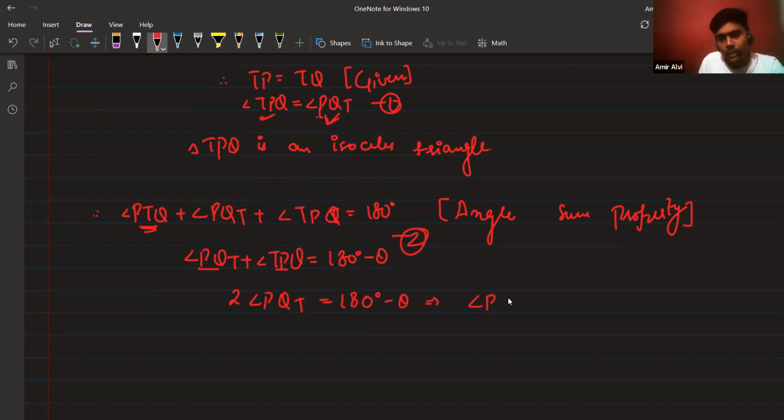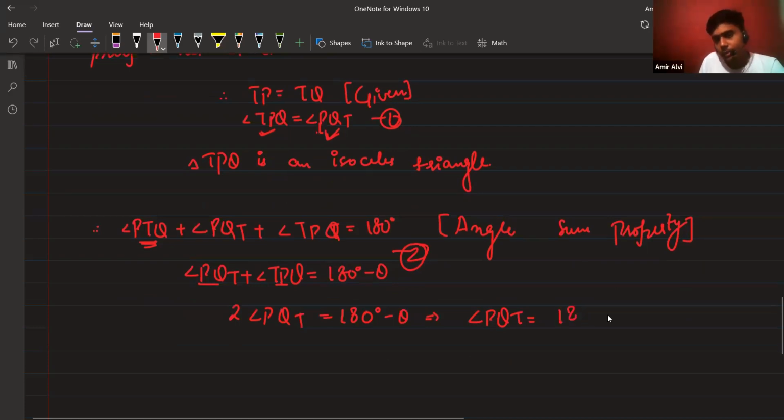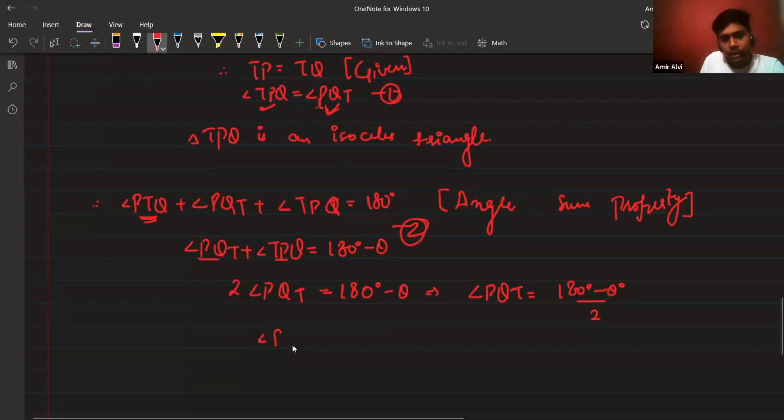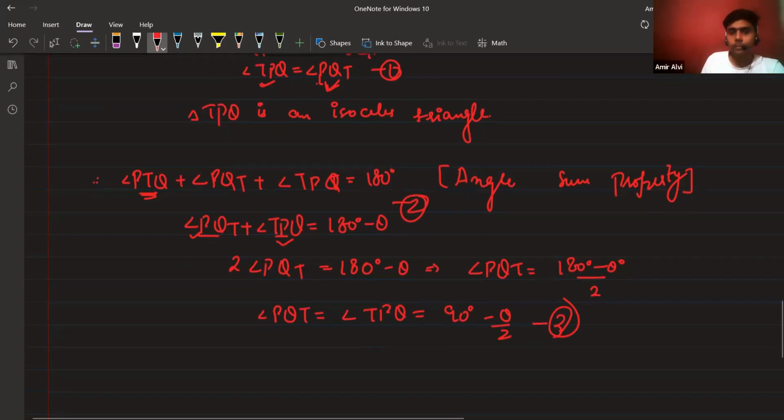So angle PQT is equal to (180 minus theta) divided by 2. Clear? So angle PQT equals angle TPQ, which will be equal to 90 minus theta by 2, because both are the same. Yes or no, everybody? Now this is equation number 3. Clear?